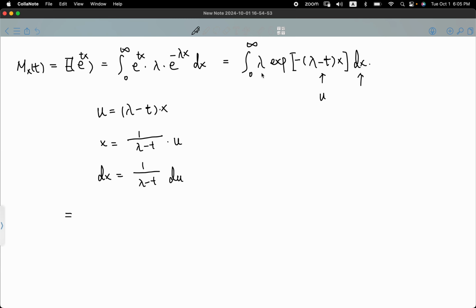And also this lambda here is not related to this random variable x, so we can consider this as a constant and move it outside the integral, from 0 to infinity.